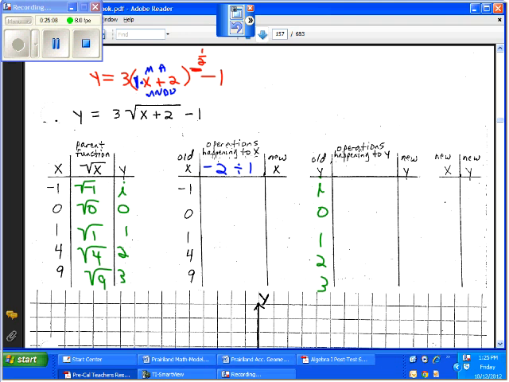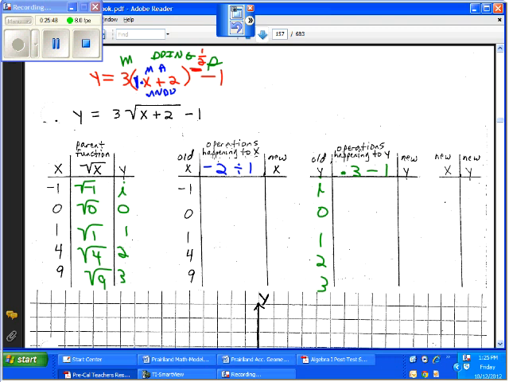And what's happening to y is what's on the outside, and we do it according to doing. Which one do you do first? Multiplication. So we would multiply by 3 and then subtract 1. So what's happening to the x is what's on the inside, according to the undoing properties. So you use inverse properties and you inverse the order of operations. What's happening to y is on the outside, and it happens according to doing, according to the normal order of operations.